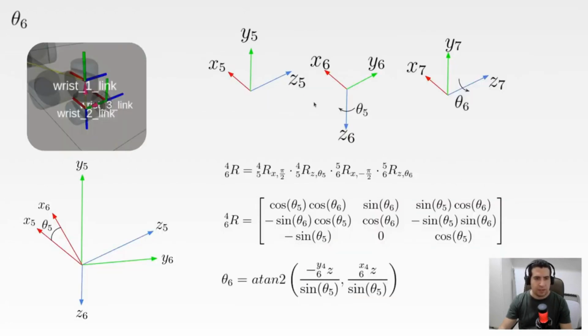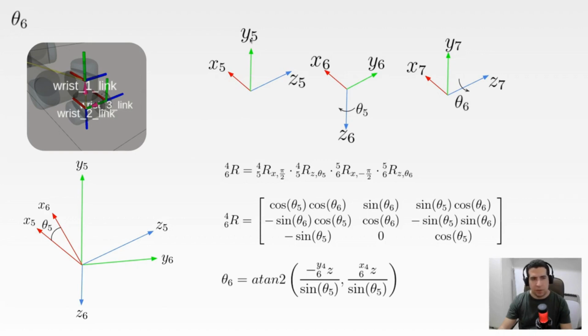So theta 6, you just treat this problem as a spherical transformation between the frames of the wrist. So for example, I just draw some frames here. The frame number 5 is the wrist 1 link, frame number 6 is the wrist 2 link, and frame number 7 is the wrist 3 link.